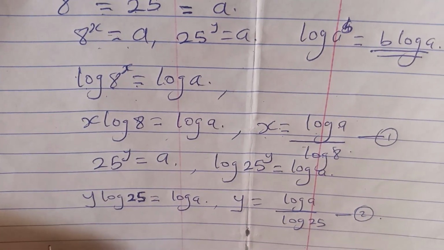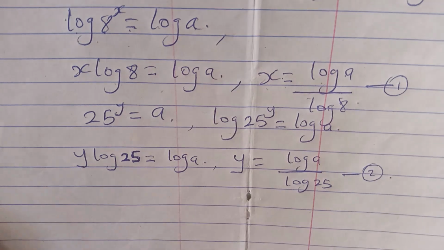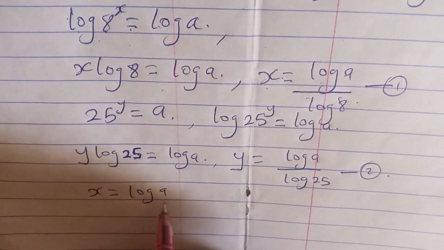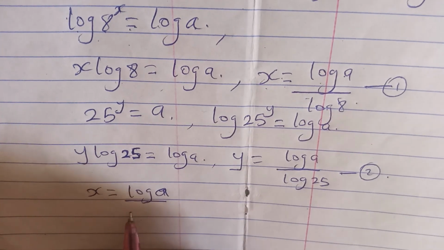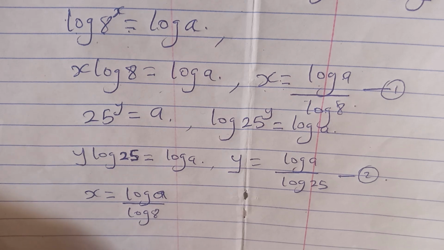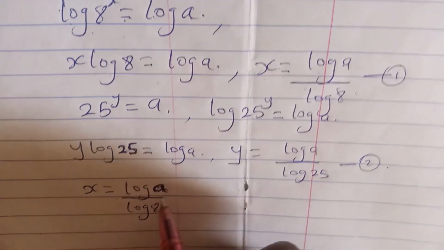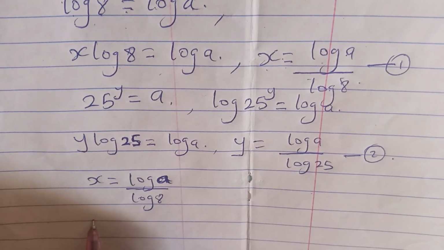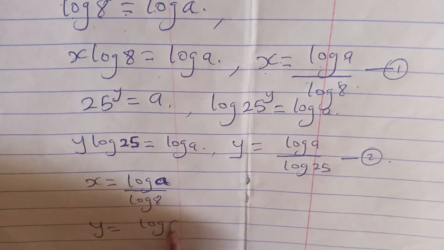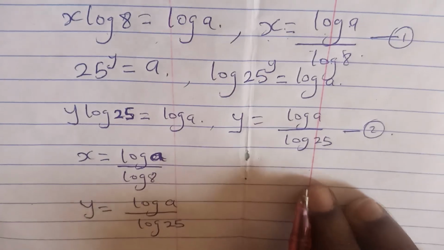Let's put these two equations at the back of our mind. Before we move further, recall we said x is equal to log a over log 8, and y is equal to log a over log 25.